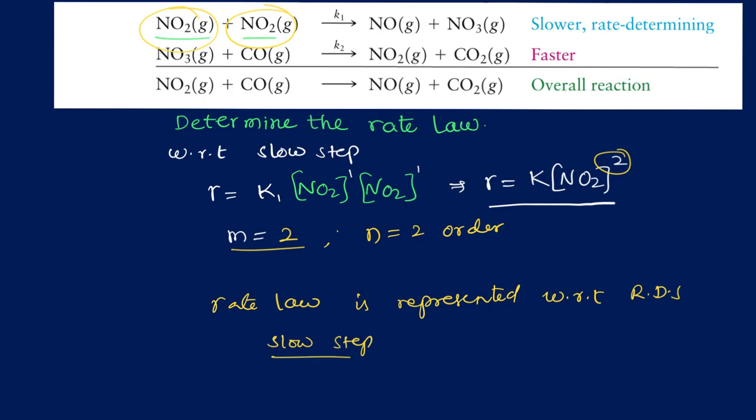That may generally be the first step, or it may be the second step, or any further step. So it may be based on the first or second or any third, fourth, anyone, but rate law is always represented with respect to the slow step.